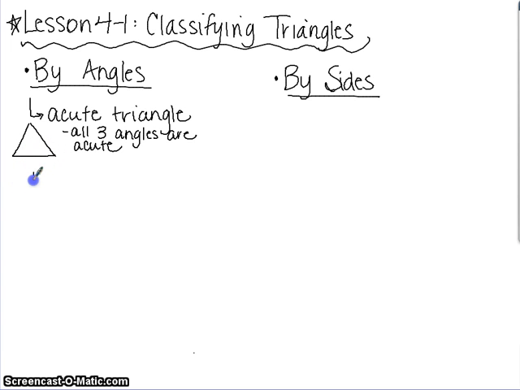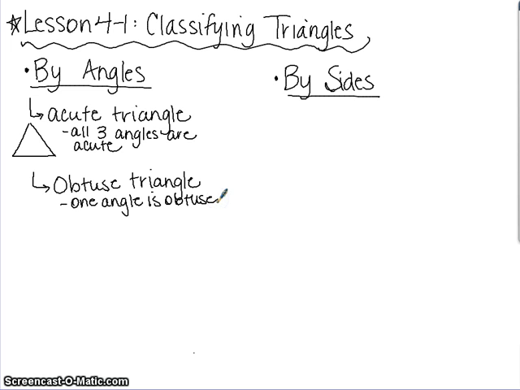Okay? The next triangle, according to its angles, is an obtuse triangle. Okay? And an obtuse triangle means that one angle is obtuse, meaning greater than 90.